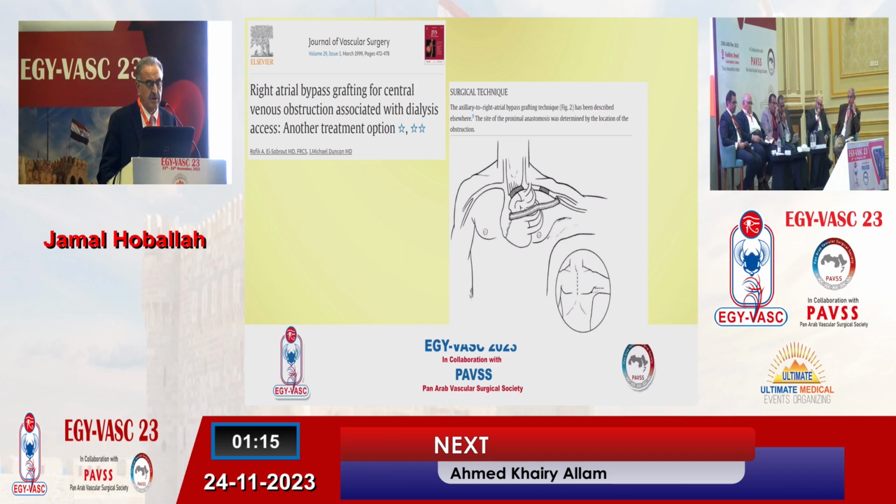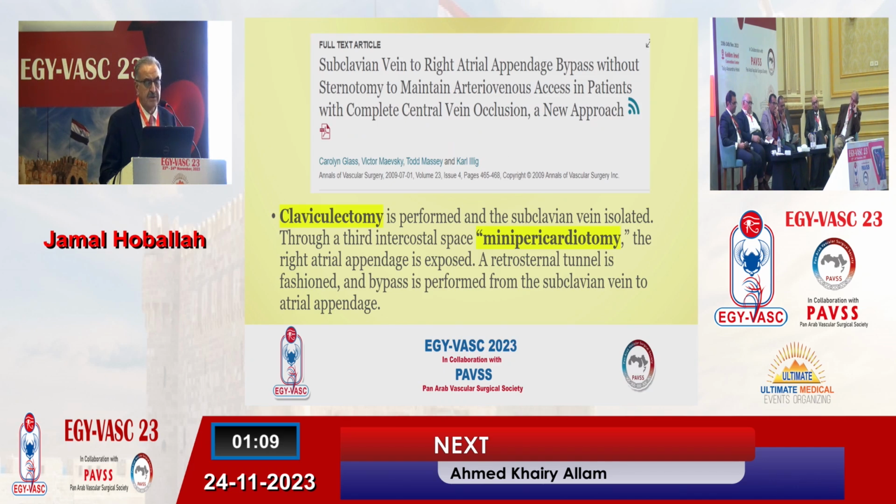Clearly, the sternotomy is one you would like to avoid because these patients are pretty sick, although there are new techniques where you can do it with a claviculectomy and mini pericardiotomy without a sternotomy, but that's still not a very likable situation.